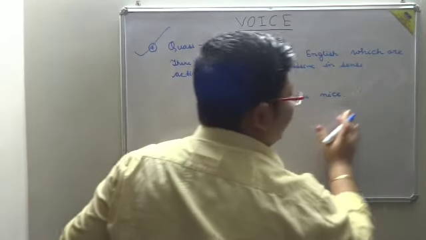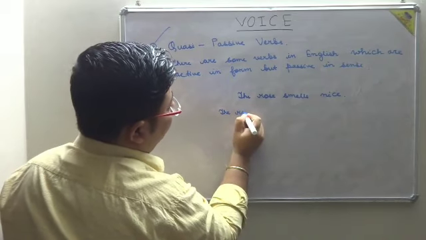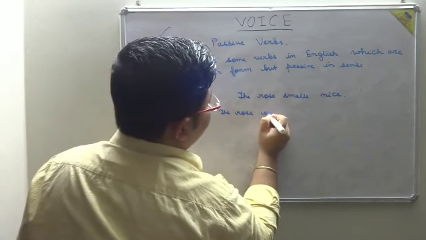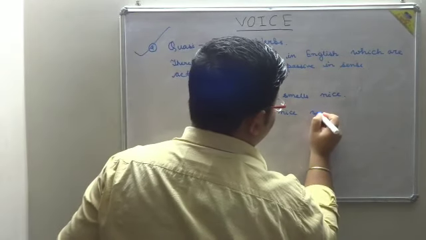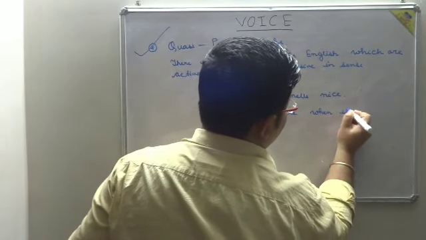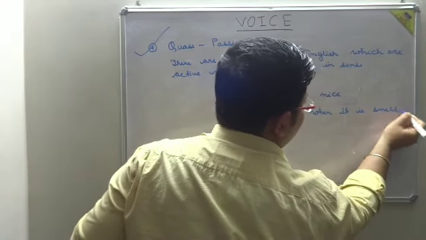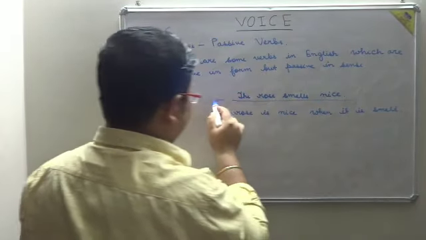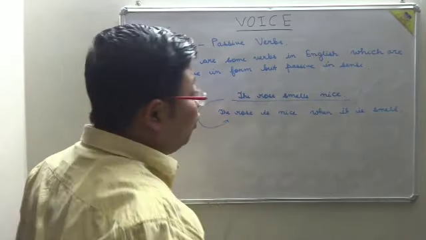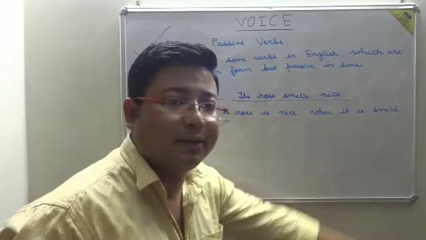How will I change the voice? See, the rose is nice when it is smelled. Just observe here, I have changed the voice. The rose smells nice. The rose is nice when it is smelled.